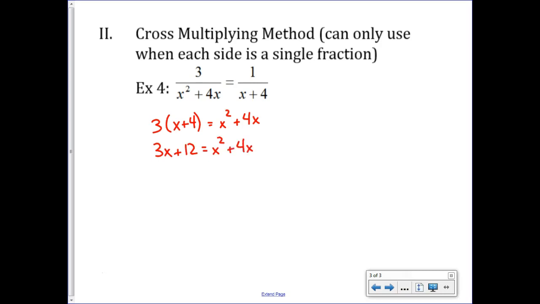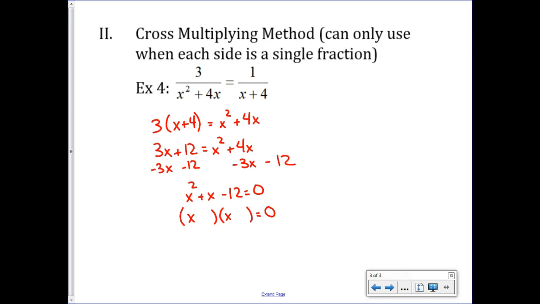I like to keep the x squared positive, so I'm going to move everything over to the right. So I have x squared plus x minus 12 is equal to 0. So I need two numbers that multiply to negative 12 and add to positive 1.